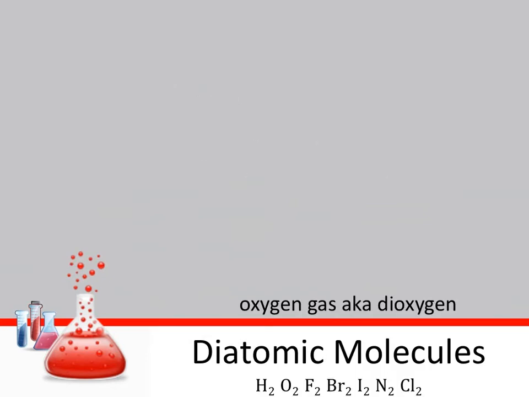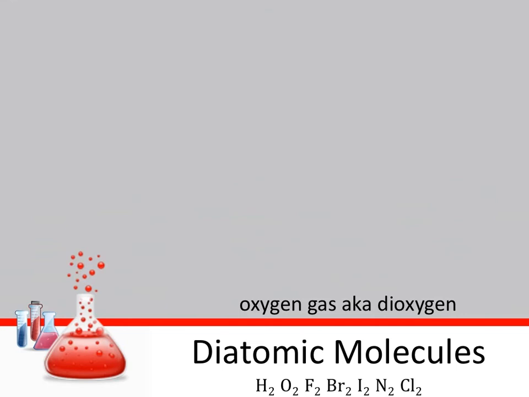And then finally we have the diatomic molecules, the Hofbrinkel twins I call them. You're always going to see them named oxygen gas or dioxygen, chlorine gas or dichlorine, those kinds of things. Anytime you see iodine, for instance, it will always be written as I2, or nitrogen.